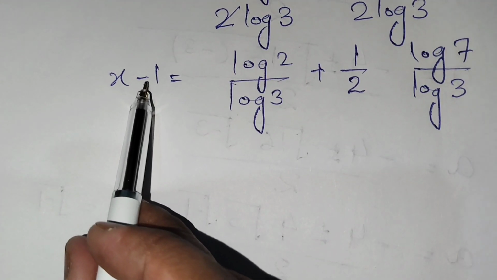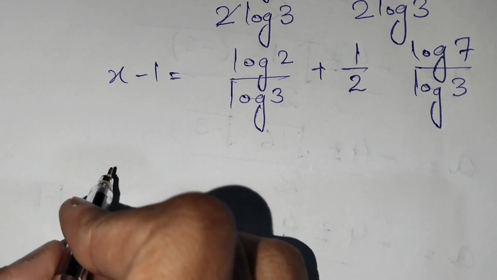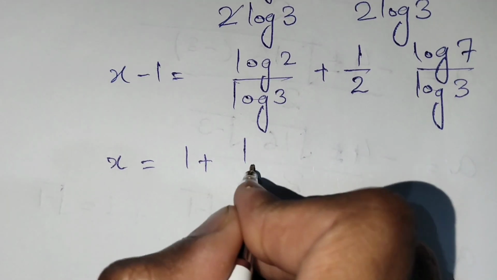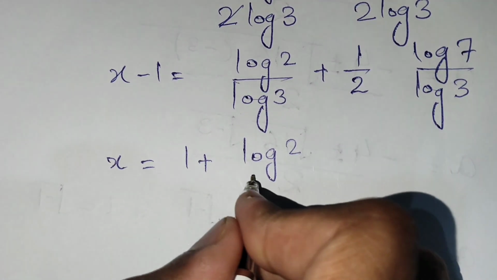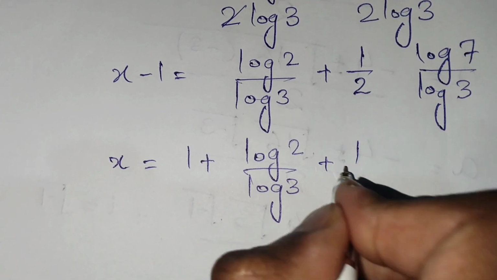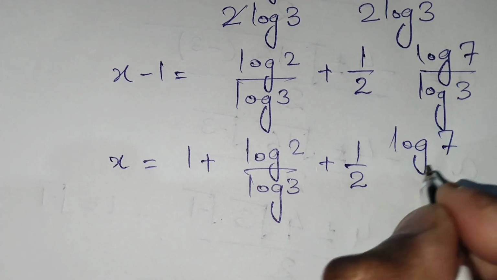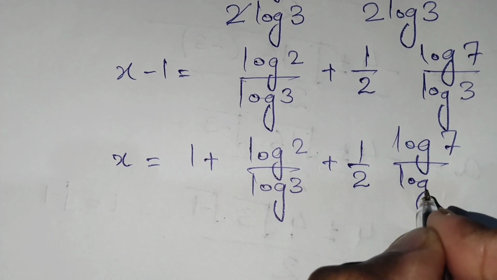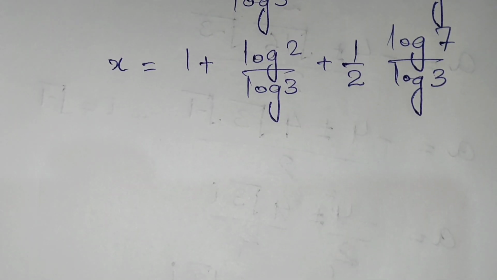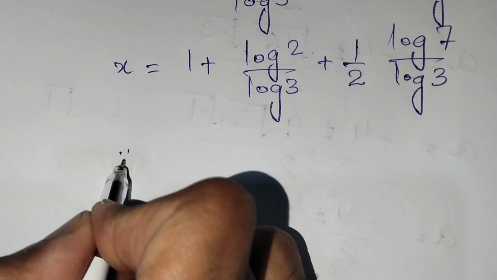Add 1 on both sides of the equation. Minus 1 plus 1 cancels. So the equation now becomes x equals 1 plus log of 2 divided by log of 3 plus 1 by 2 log of 7 divided by log of 3. Now we will use a formula for these two terms.